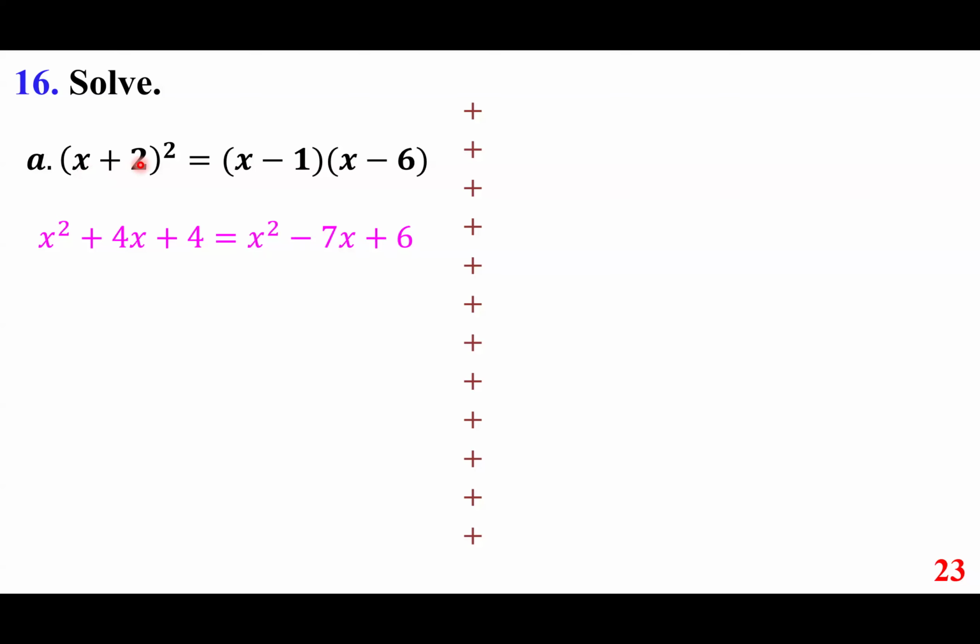So x squared, then 2 times 2 times x is 4x, and 2 squared is 4, and this is what we have. And when we move things around, here's what happens. First of all, you don't have to do anything about x squared, they cancel each other. Secondly, this moves this way, plus 7x. This moves this way, minus 4. You get 11x equals 2. x is 2 over 11.